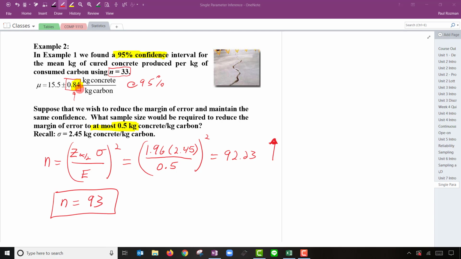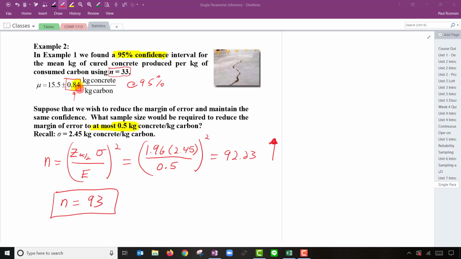So here's a case where money starts to be the real factor. Money and time. Do you have enough time and money to sample 33 of anything? Or could you live with an error of 0.84, knowing that you could only afford to do a sample of 33?